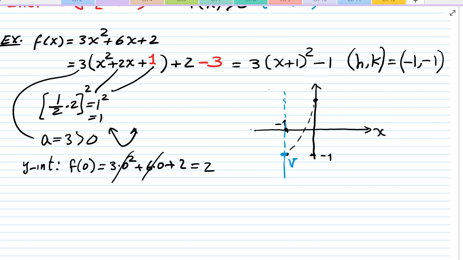And to get a third point, and by the way, we need 3 points to plot any parabola. One has to be the vertex, which is the turning point of the graph, right? And then we need 1 point on either branch of the parabola. This one I'm going to get by reflection. And there you have it. This would be the graph of this parabola. And just extend it upward indefinitely.